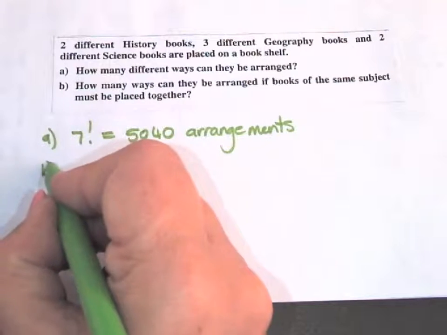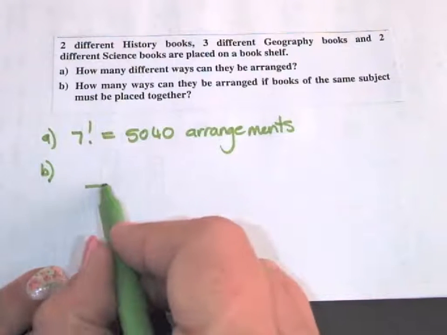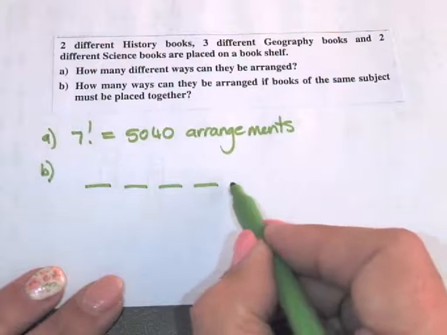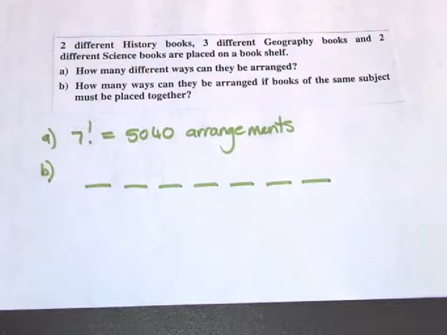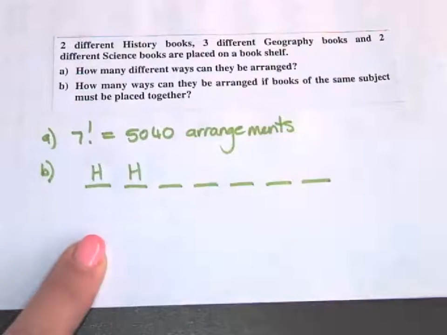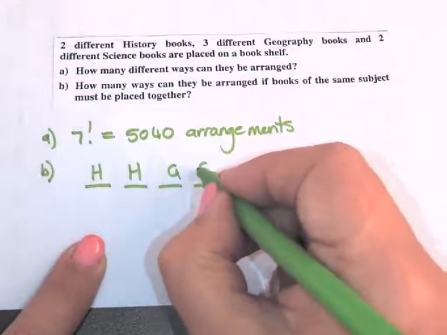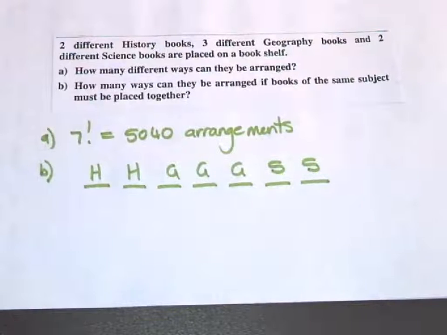Now for number B. There are 7 books. 2 history, 3 geography, and 2 science. Remember I said we treat the groups as one unit.